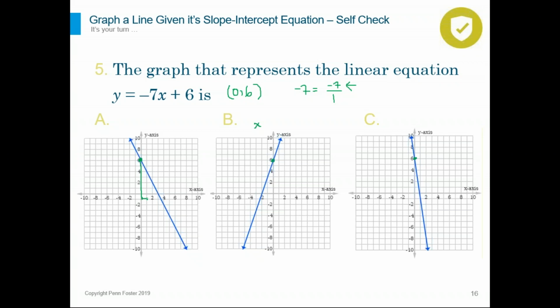It does not land on the line, so this graph is not correct. Of course, this graph is correct, but let's use the slope to confirm our answer. We need to go down 7 units, 1, 2, 3, 4, 5, 6, 7, and 1 unit to the right, correct. This is the line for this equation.